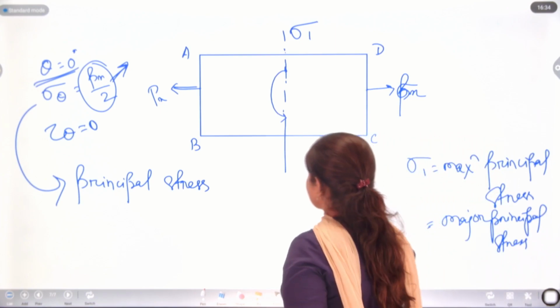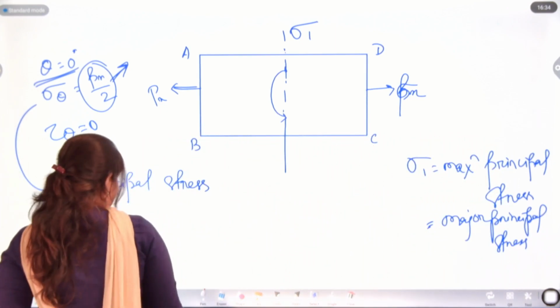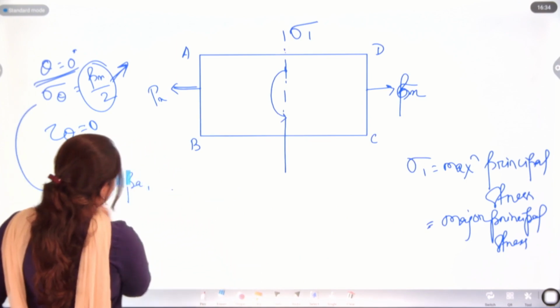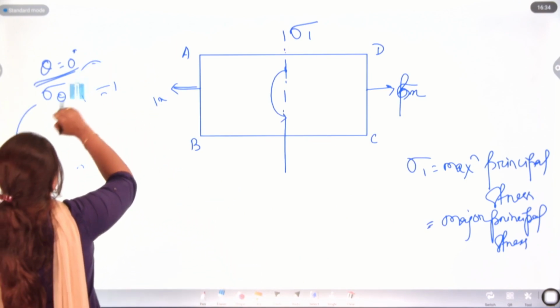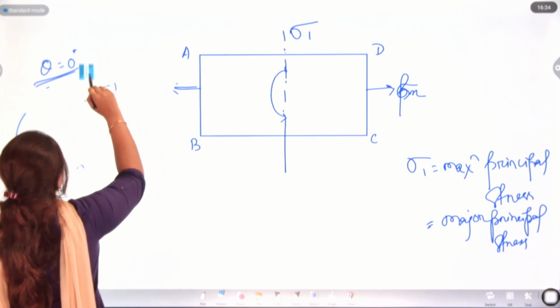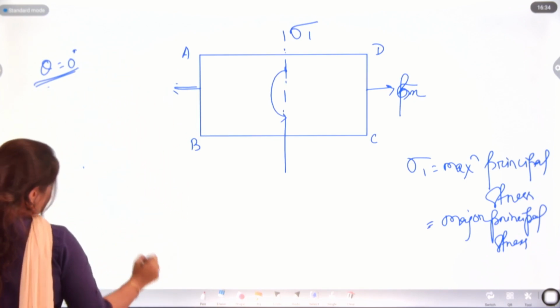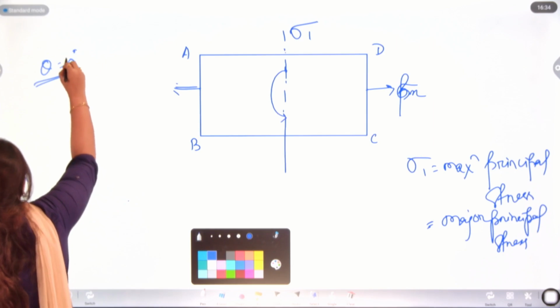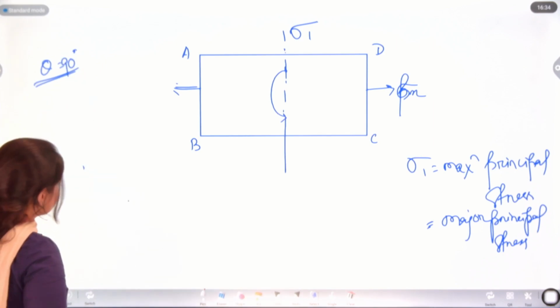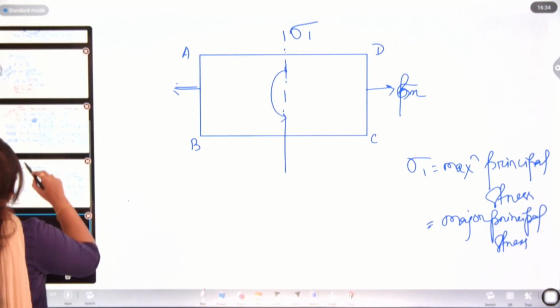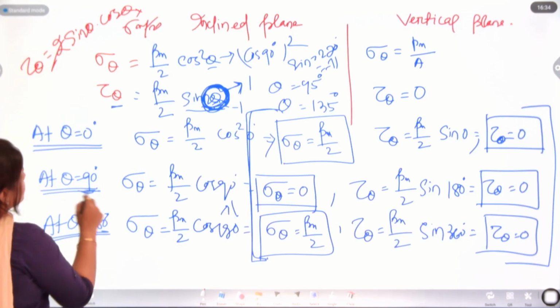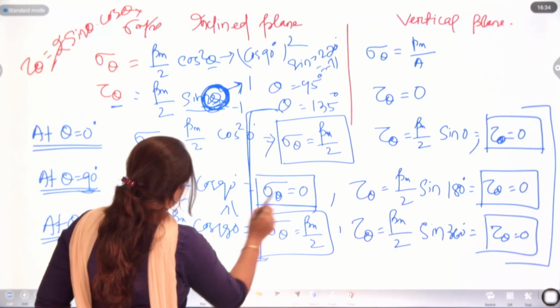Okay. Now, at theta equals 90 degree, we already have the values, sigma theta equals 0.